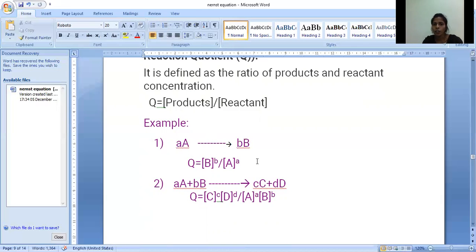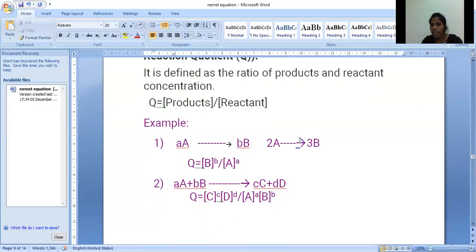So if I give this example, 2A giving rise to 3B, how will you write it? Q is equal to B power 3 divided by A power 2. So always the number of moles must be on the power.